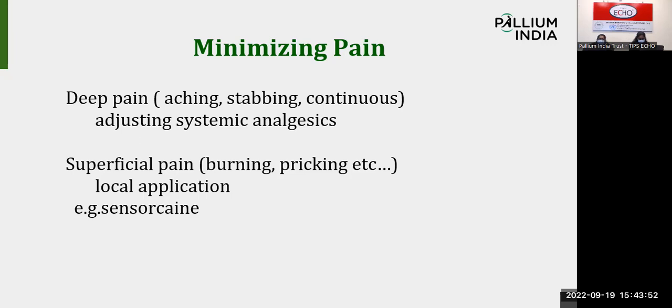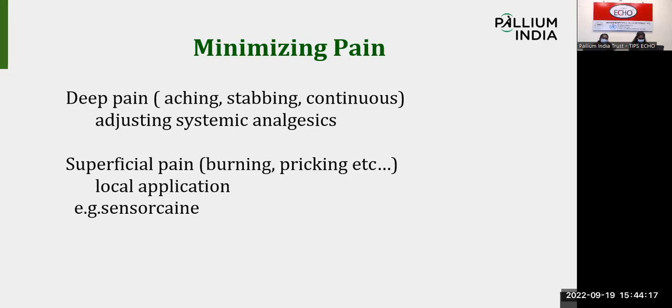If there is neuropathic pain, your systemic analgesics may not help. At that time you have to give some local anesthetic agents. If there is deep pain like aching, stabbing, or continuous pain, your systemic analgesics will help.